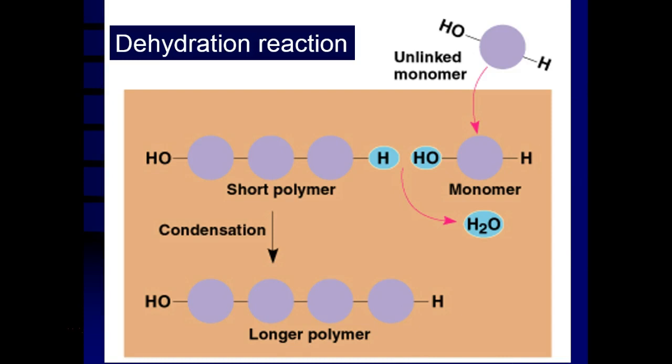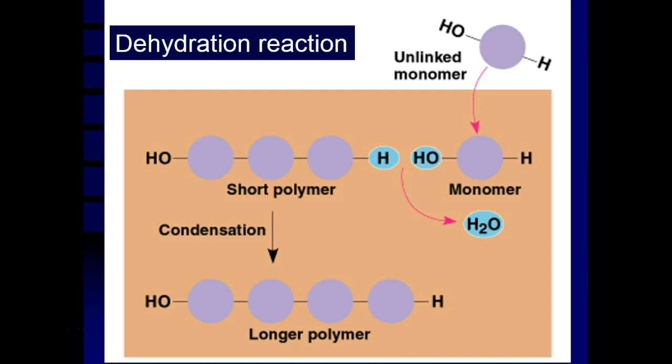Now, oftentimes when you look at these organic monomers, they will have attached to them a functional group that we saw before in water called a hydroxyl group. If you look at this little graphic here, you'll notice that on the monomer you have a hydrogen on one side, and then you have an oxygen and a hydrogen. That's called a hydroxyl group.